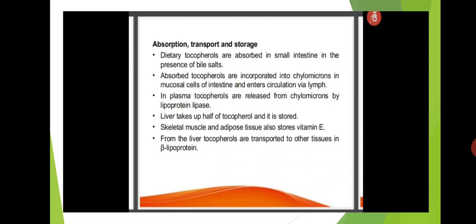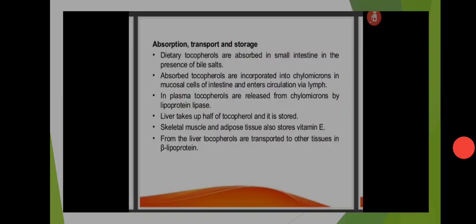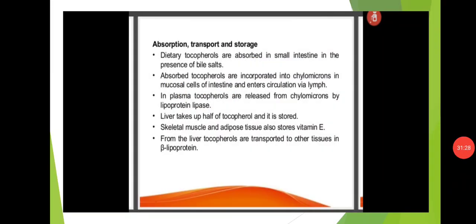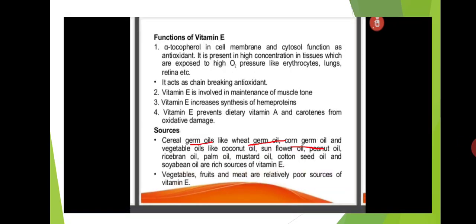In plasma, tocopherols are released from chylomicrons by lipoprotein lipase. The liver takes up half of the tocopherol and it is stored. Skeletal muscle and adipose tissues also store vitamin E. From the liver, tocopherols are transported to other tissues in beta lipoprotein.